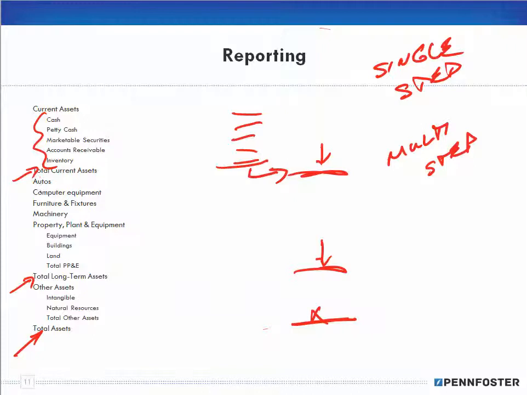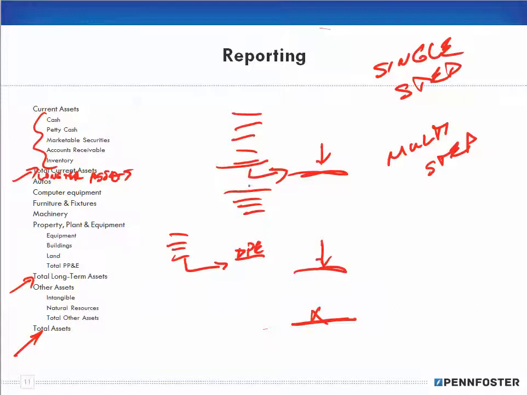Now, maybe I should have put in here long-term assets. Sorry about that, I didn't write that in. So my long-term assets would be these. But now notice that when it comes to property, plant, and equipment, I would have an additional column here, which would give me my PP&E.